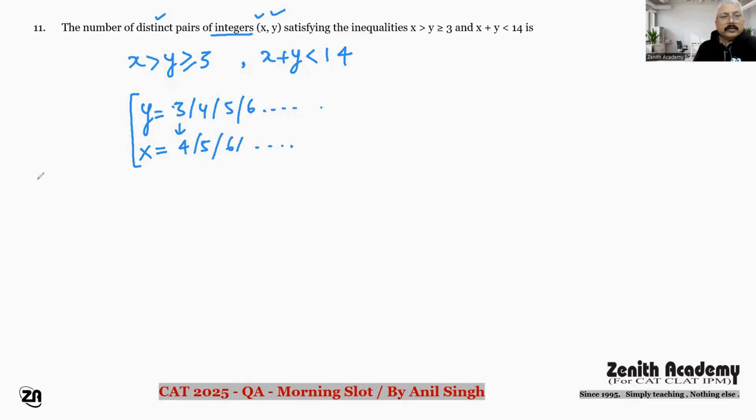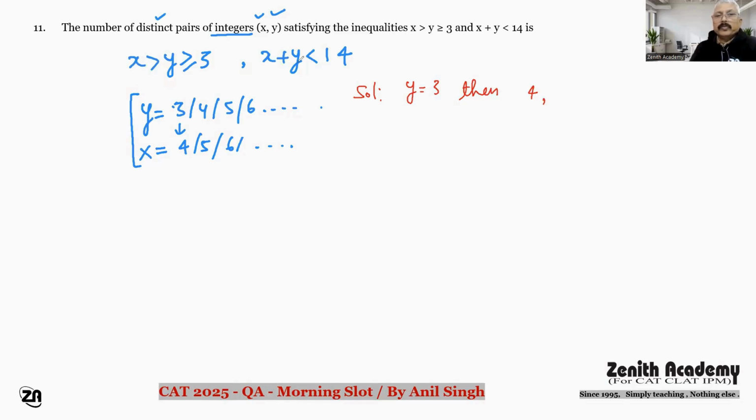So for this case, take one by one. Suppose if I take y equal to 3, then x can be 4 and check it.